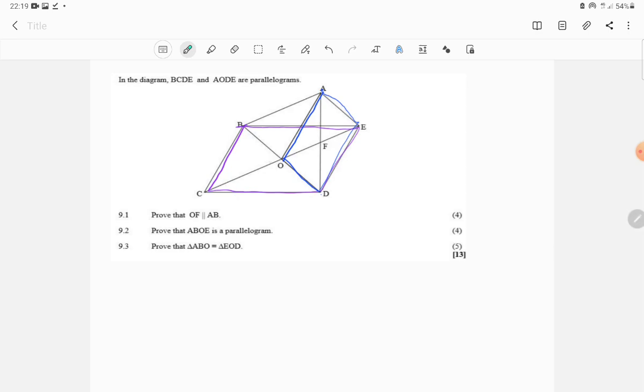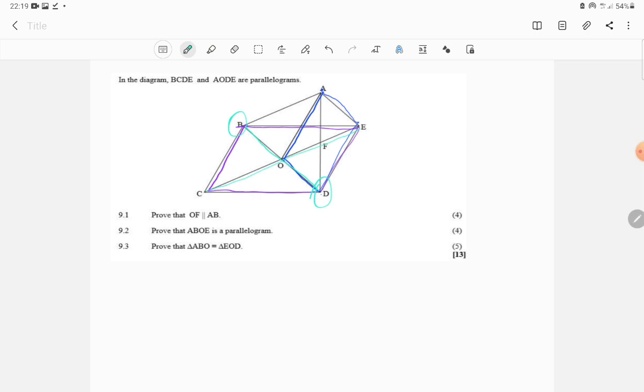We know that in a parallelogram, the diagonals bisect each other. That's what makes O the midpoint of BD in the biggest parallelogram.